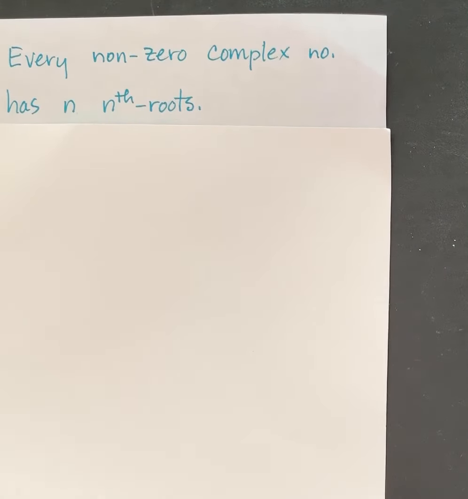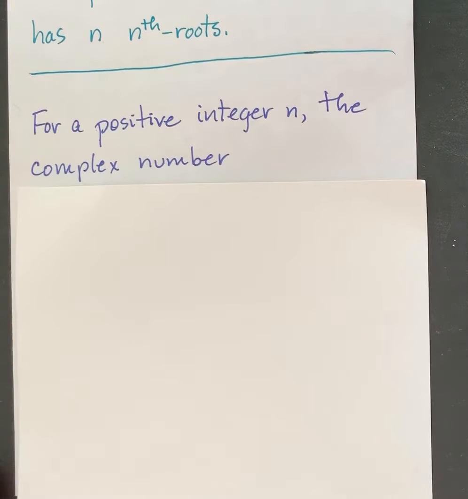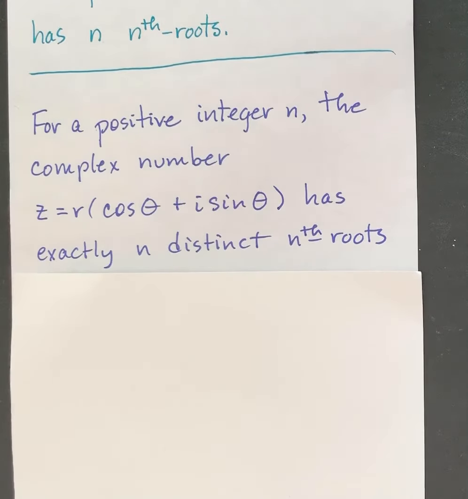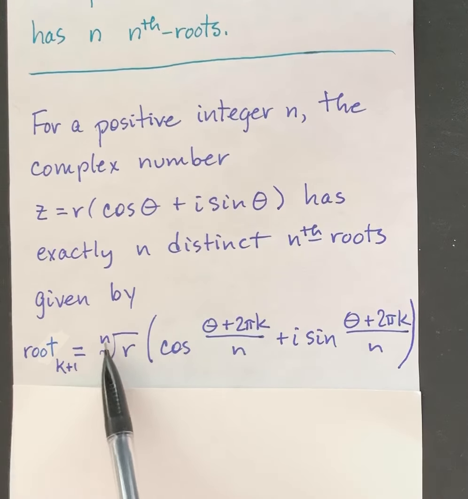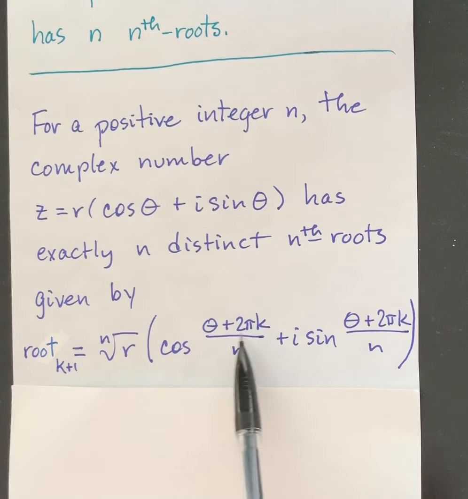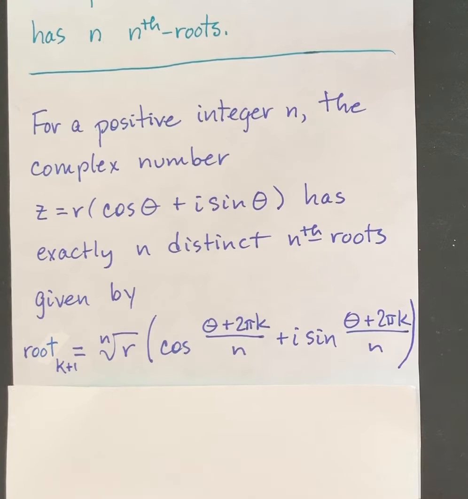Now, there is a theorem that will help you find all the roots. And it's kind of complicated. It's a formula. So here it goes. For a positive integer n, the complex number has exactly n distinct nth roots, and it's given by: root k plus 1 is equal to the nth root of r times the cosine of theta plus 2 pi k all divided by n plus i sine of theta plus 2 pi k divided by n.